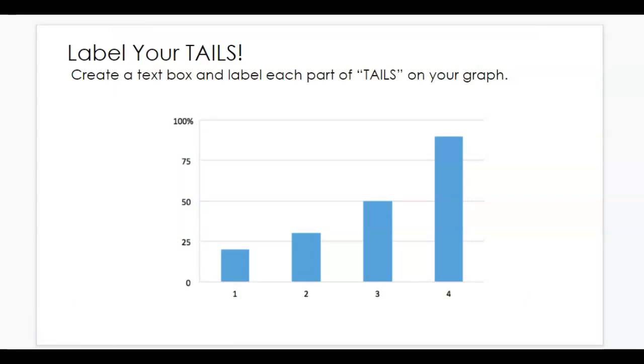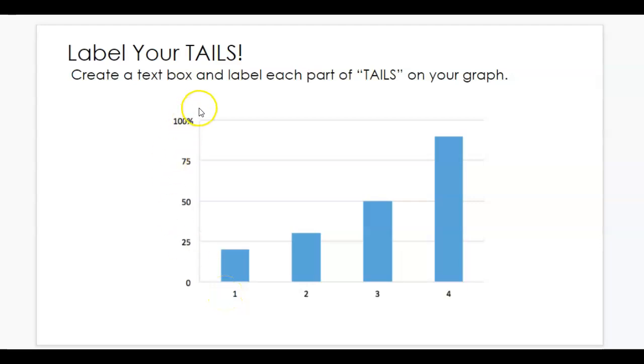The last exercise I had students do was to label this graph shown with TAILS. So put a title up above, point out where you would put the independent and dependent variable, where you would put labels, and what it means to have an interval or a scale.